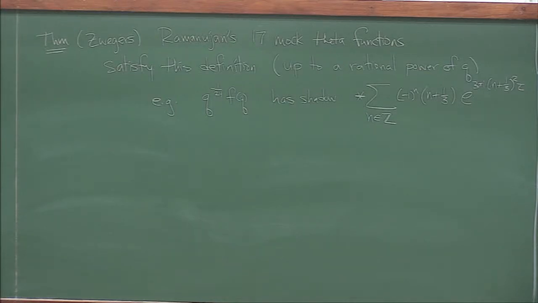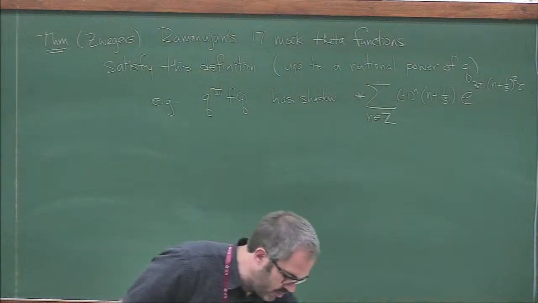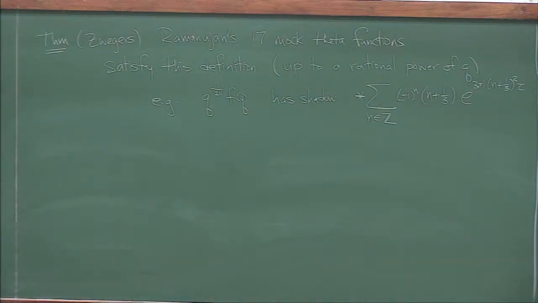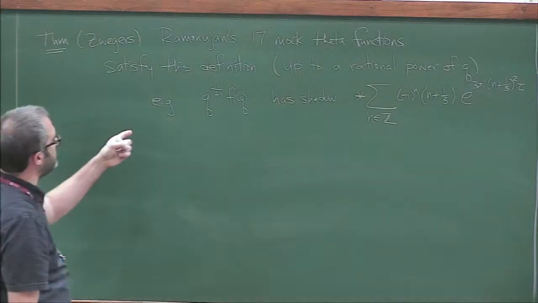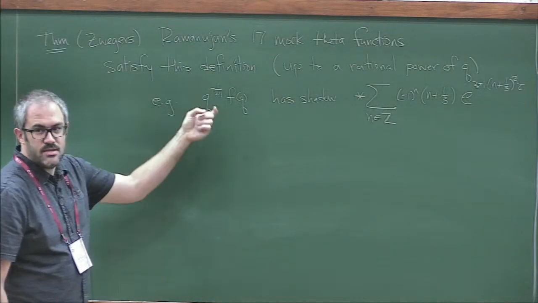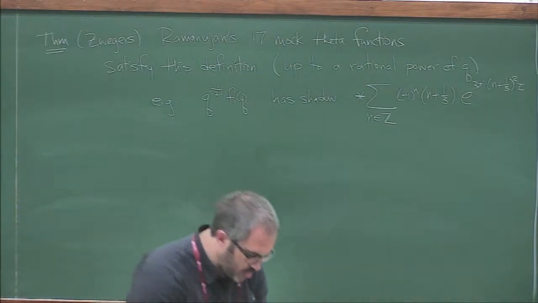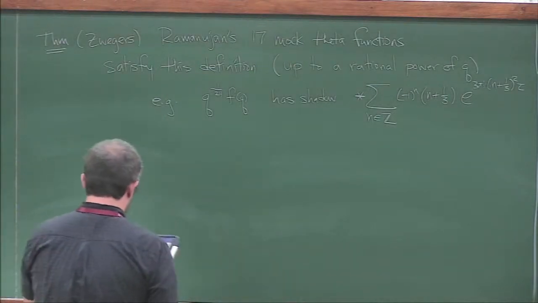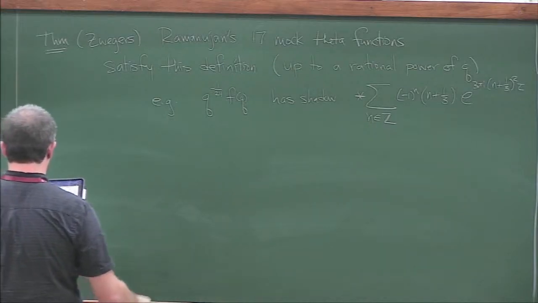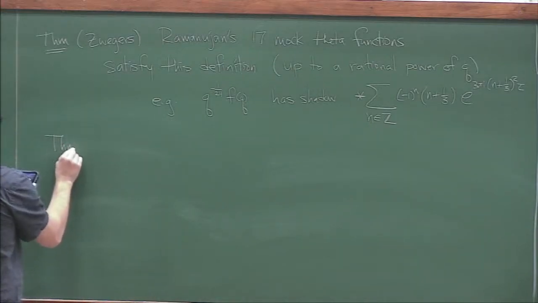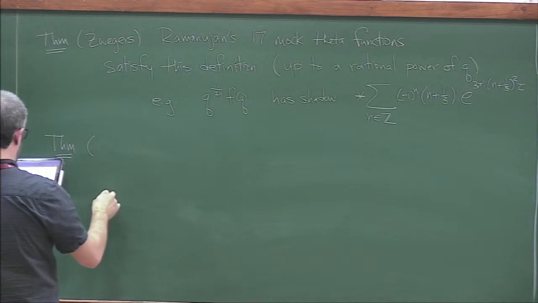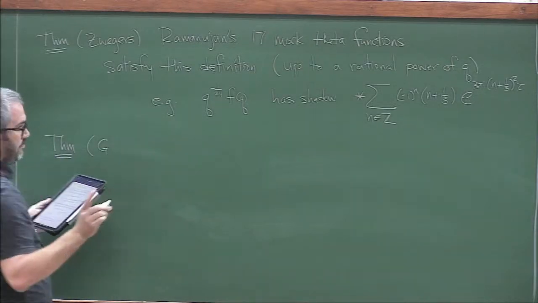Now, one thing that Ramanujan never did was actually prove that his 17 Mach theta functions satisfy his definition. And that was proved, I guess, about 10 years ago by Griffin, Ono, and Rowland. So Michael Griffin.